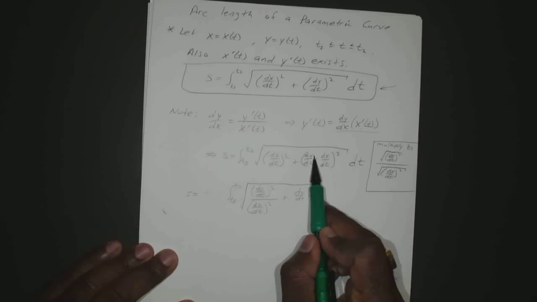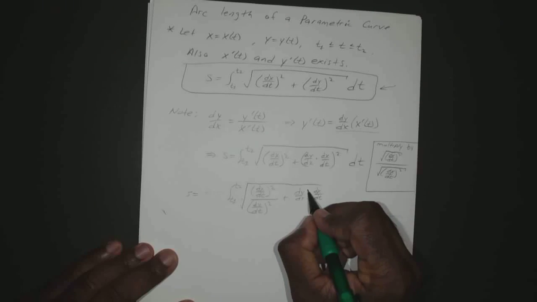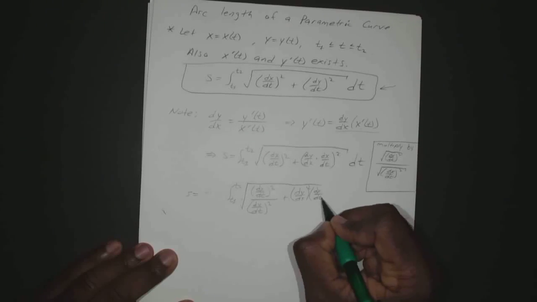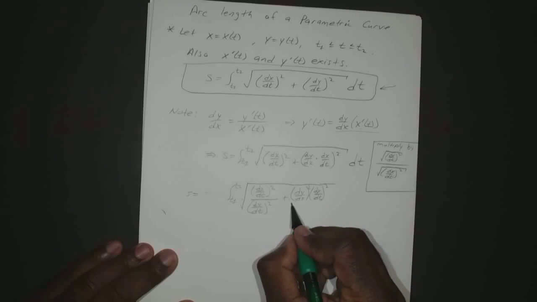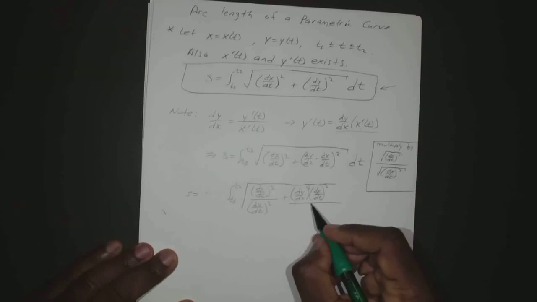Since both of those are squared, we can distribute that, making that squared and that squared, divided by the square root of dx dt squared.